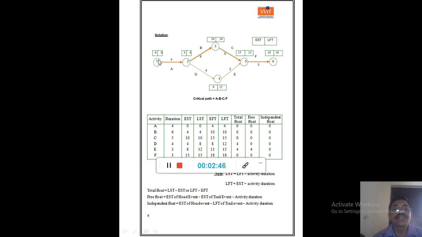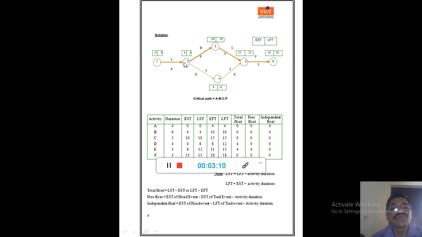In order to find the EST for activity 1 to 2, the tail event 1 will be considered, and there is no other activity preceding it. So the earliest start time is 0 at event number 1.